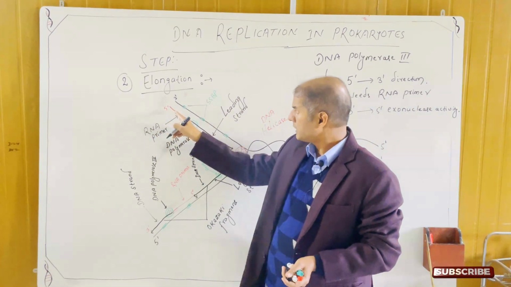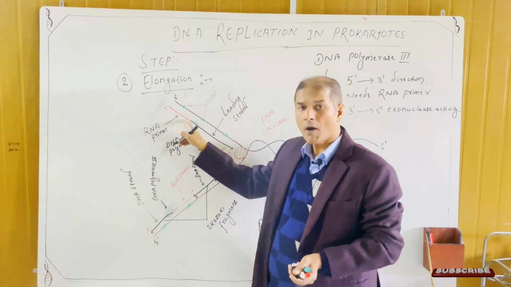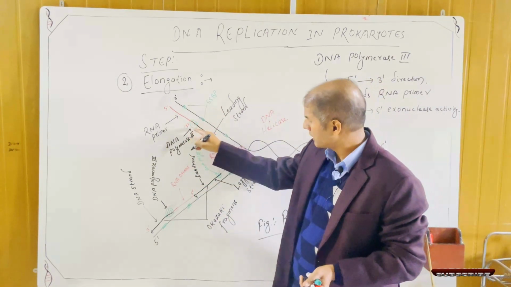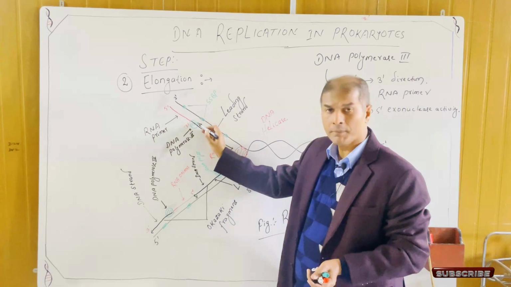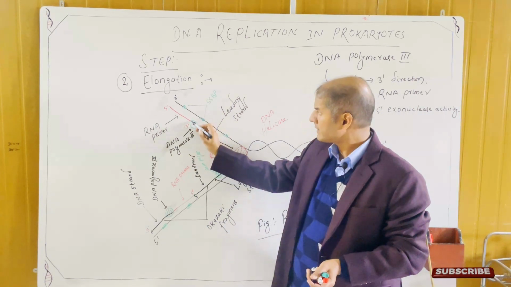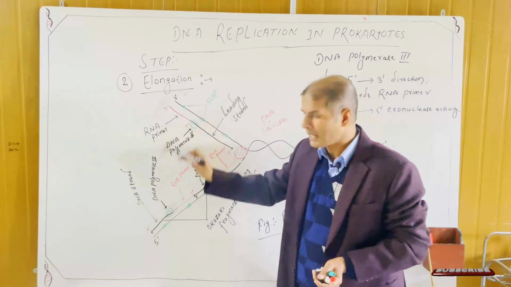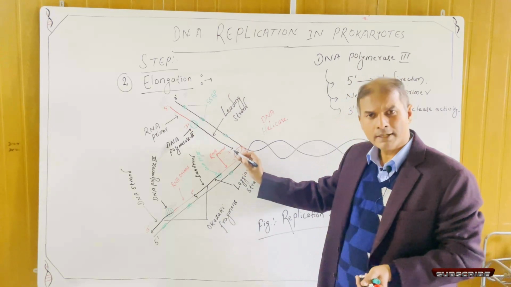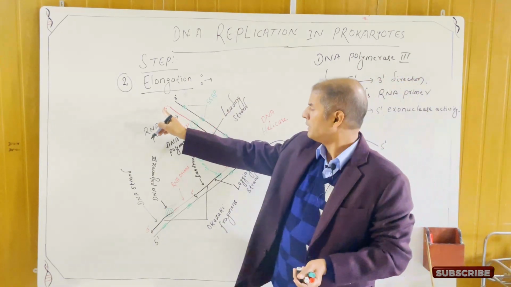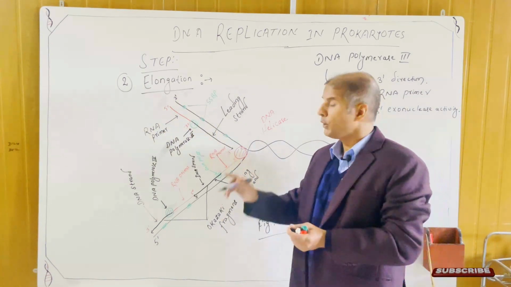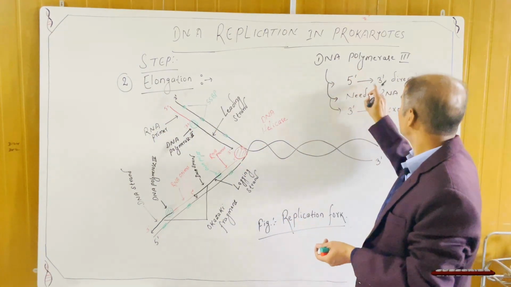Once the RNA primer is formed by primase, DNA polymerase III, which is in this figure, will bind at the 3' end of the RNA primer, and it will synthesize the new strand of DNA. Finally the polarity will be from 5' to 3' direction, which is possible by DNA polymerase III.